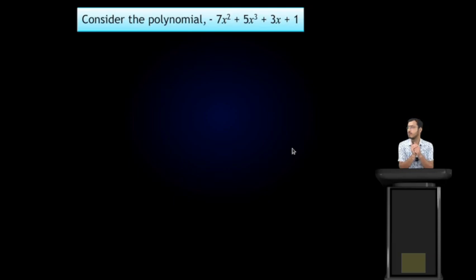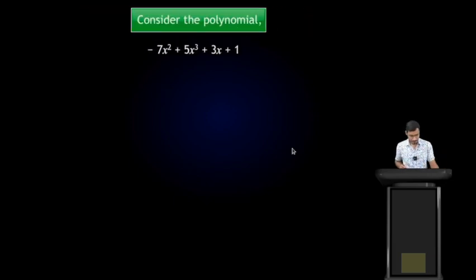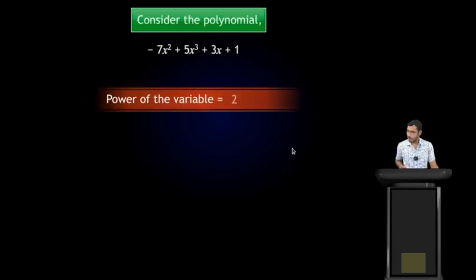So consider the polynomial. We have a polynomial here: minus 7x square plus 5x cube plus 3x plus 1. Look at the power of the variable.